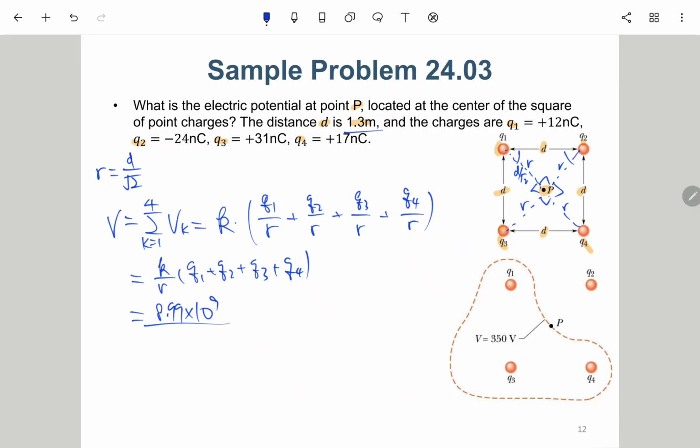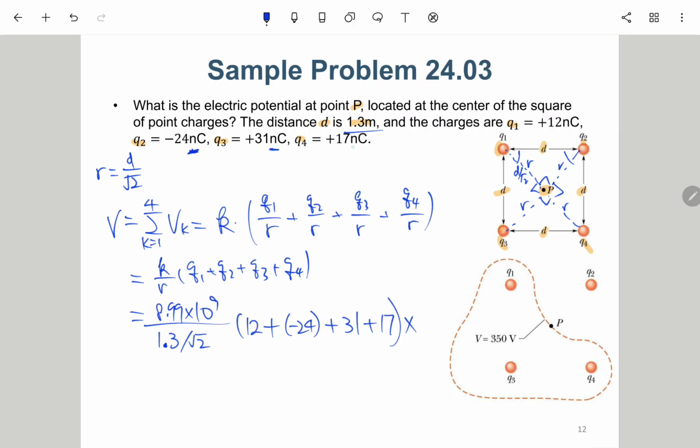D is 1.3, so this is nothing but 1.3 over square root of 2. And then we have Q1, Q2, Q3, Q4: 12 plus negative 24 plus 31 plus 17, and then times nano.